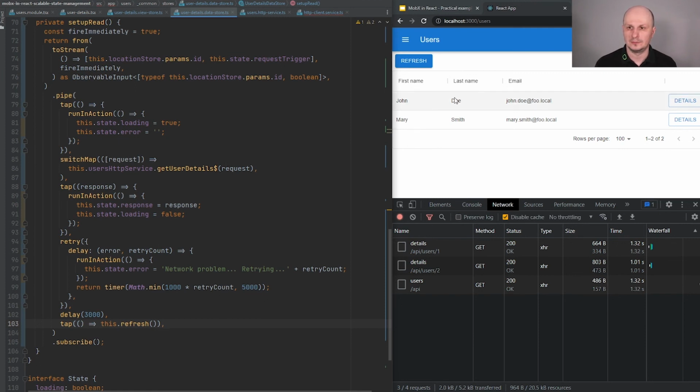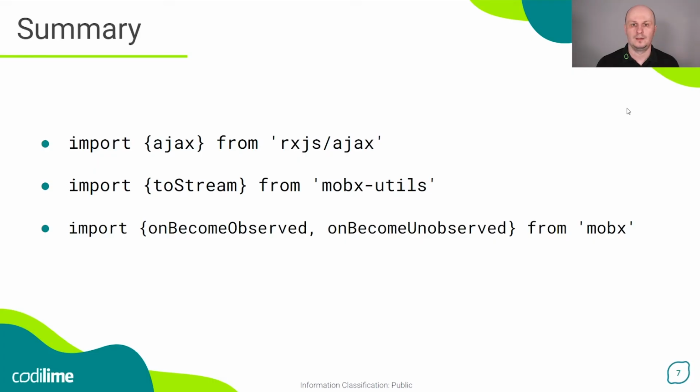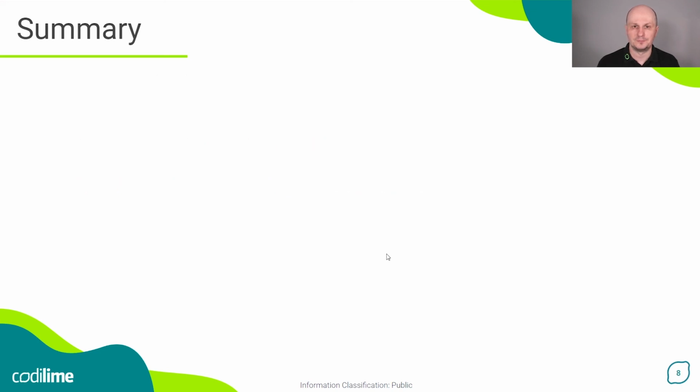All right, so let's go to the summary. To configure complex fetching behaviors using RxJS and MobX, you need a few tools. Ajax, which supports cancellation by default, toStream, which converts a MobX reaction to an RxJS stream, and optionally for conditional fetching, you can use the onBecomeObserved tools from MobX.